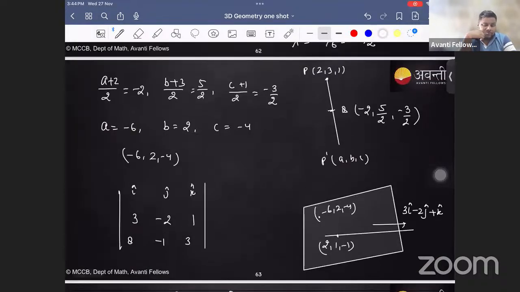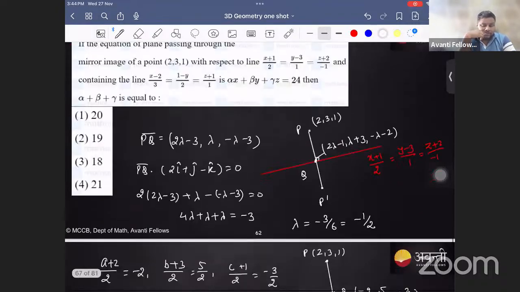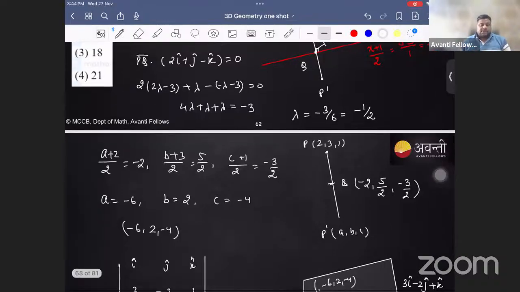Just a minute, I have to check the calculation. So everything sounds great. (-6, 2, -4).